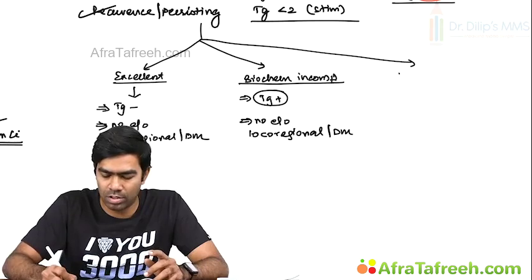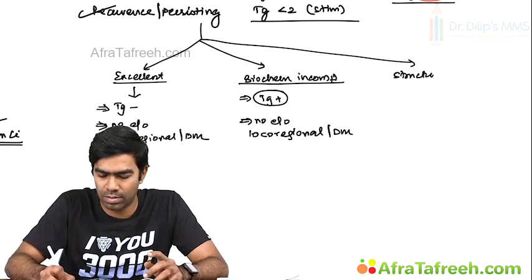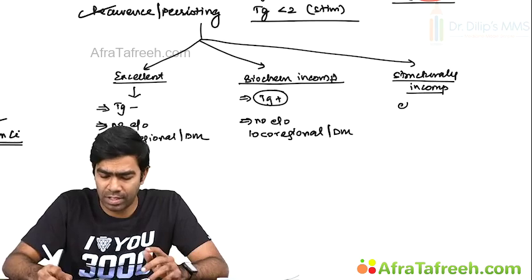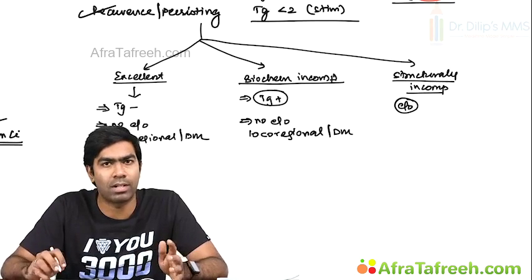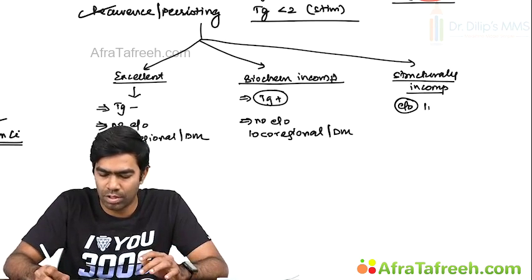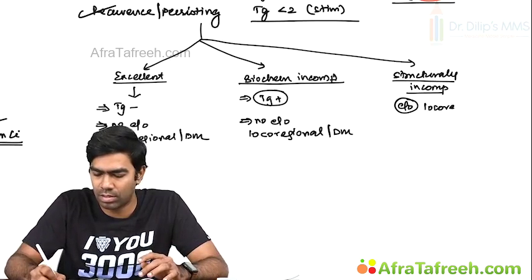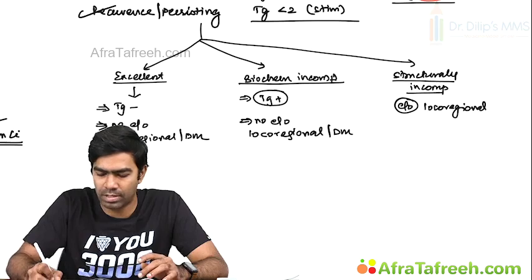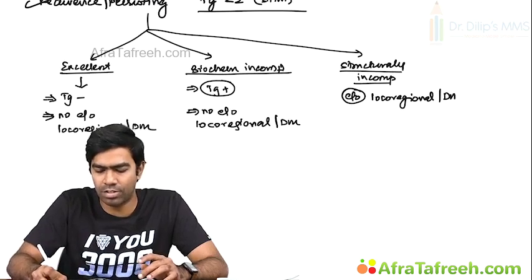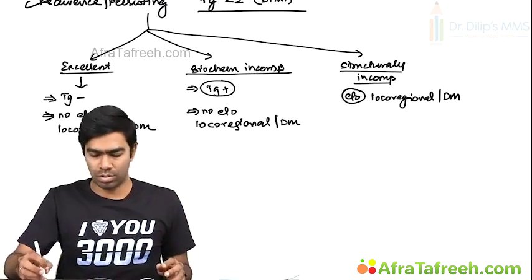Then the third one, structurally incomplete response. So what do you mean by a structurally incomplete response? Whatever the thyroglobulin may be, it doesn't matter, if the patient has evidence of locoregional disease or distant metastasis, definitely it's a structurally incomplete response.